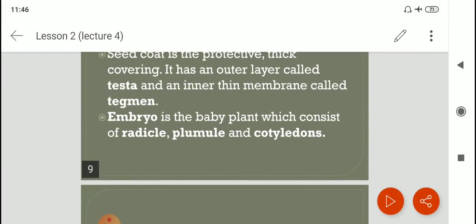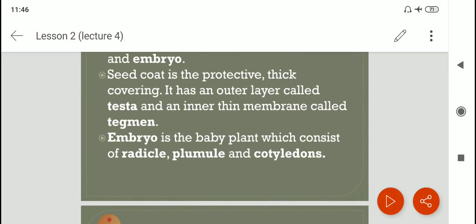Now children, this radicle when grows, it gives rise to the root system of the plant. Plumule gives rise to the shoot system, and cotyledons are responsible for storage of food. Okay.